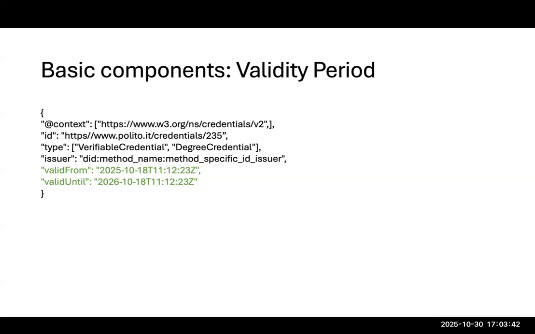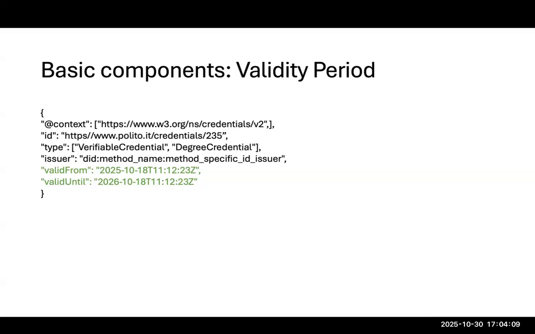There is no reason to make it valid after the date of the concert, for example. Or maybe I won't give you the opportunity to authenticate to a specific service, say a movie streaming service, only for the period of time for which you have paid your subscription. So you can use valid from and valid until.